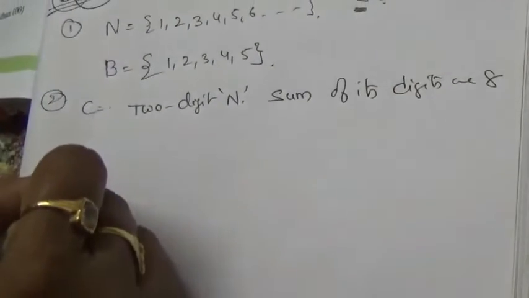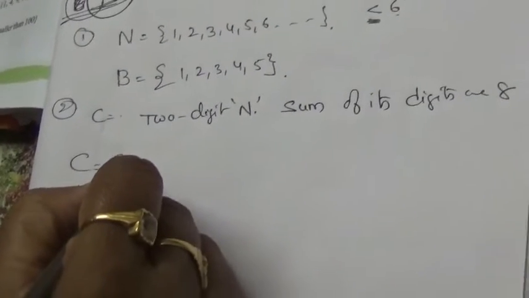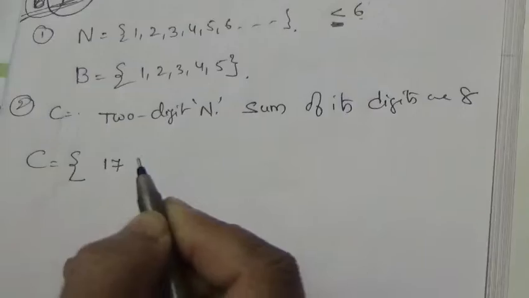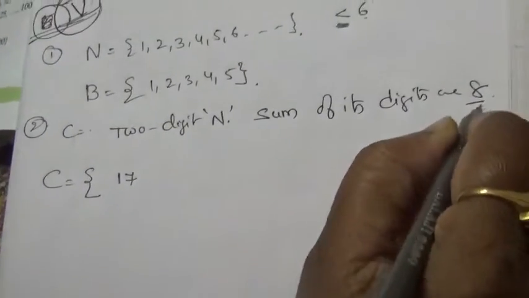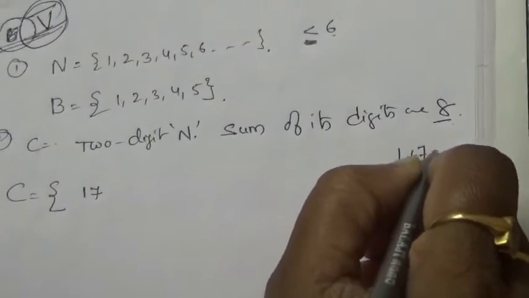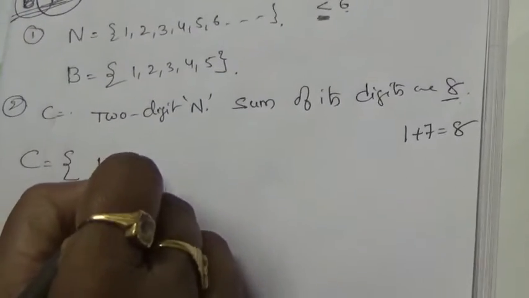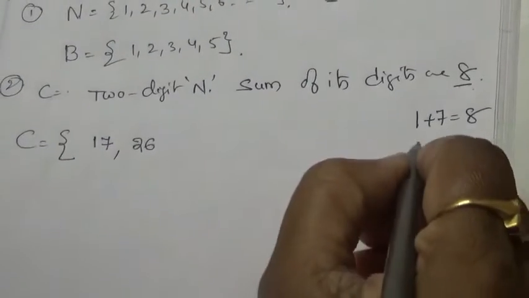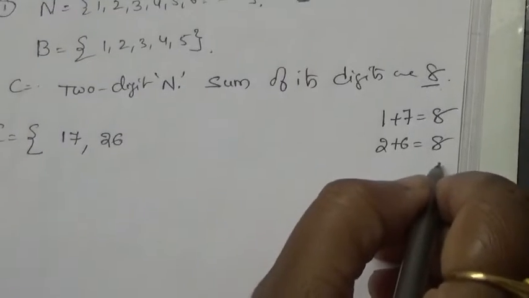Means C is equal to {17, because 1 plus 7 is 8, right? Comma, 26, because 2 plus 6 is equal to 8. The sum has to be 8.